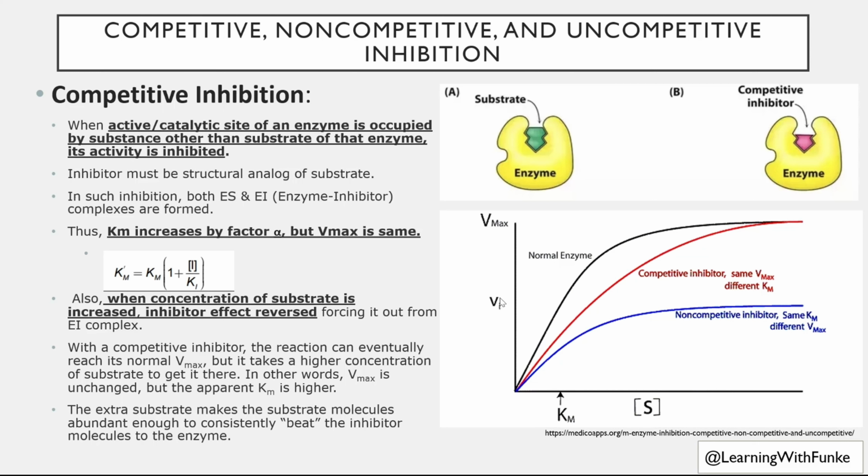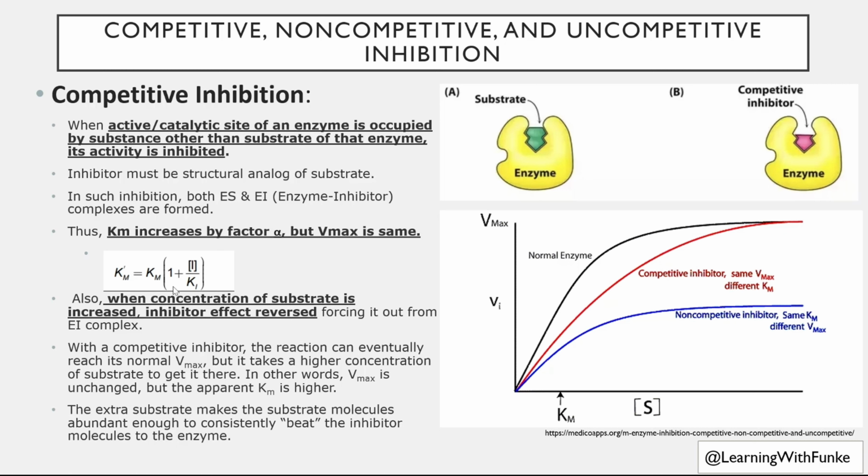And when I say Km increases, it increases by a factor alpha. We'll get to see this alpha factor a couple more times during this lecture. But alpha is typically this equation in brackets, so it's just 1 plus I over Ki. And so it's usually Km prime equals Km times alpha, where alpha is just this value here, 1 plus I over Ki.